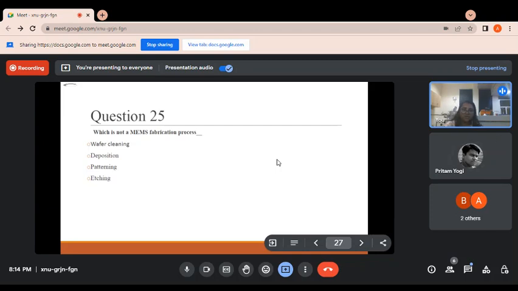H2O2 is also added, and also some HCl solution is present in RCA2, which removes the inorganic compounds, and for organic compounds RCA1 is used. I think NH4OH is used. NH4OH and DI water, and also H2O2. Okay.